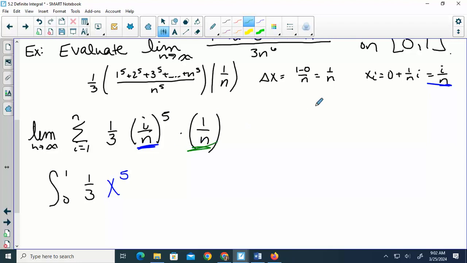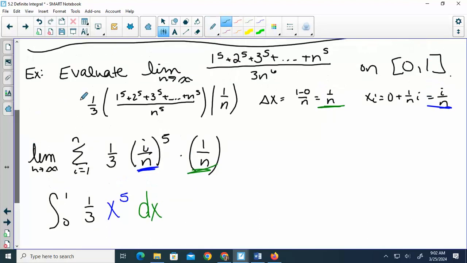And 1 over n is a change in x, which with an integral we write as dx. So we took some ugly summation problem. First we wrote it with a sum, so that then we could replace the limit and the sum with our integral.